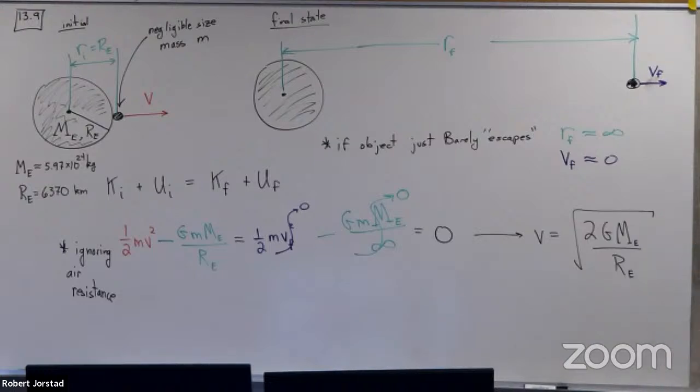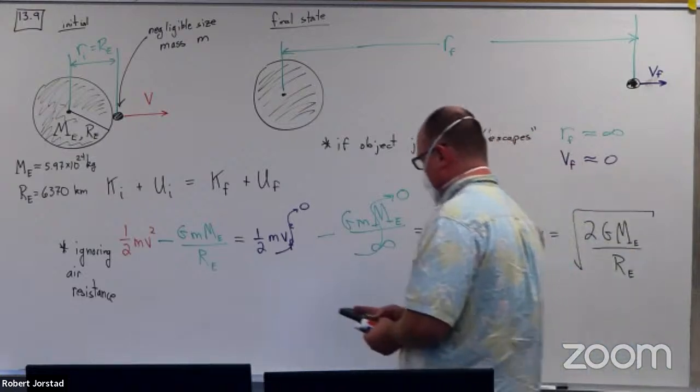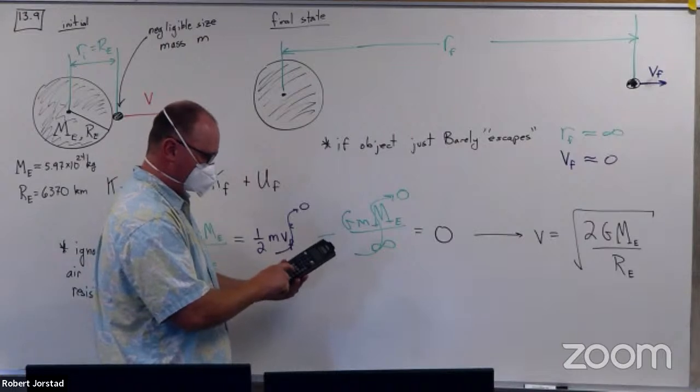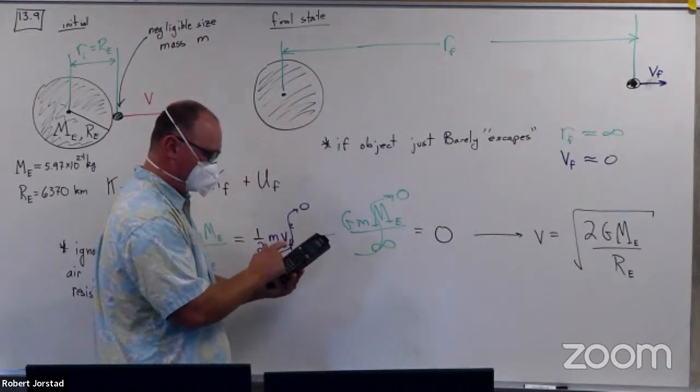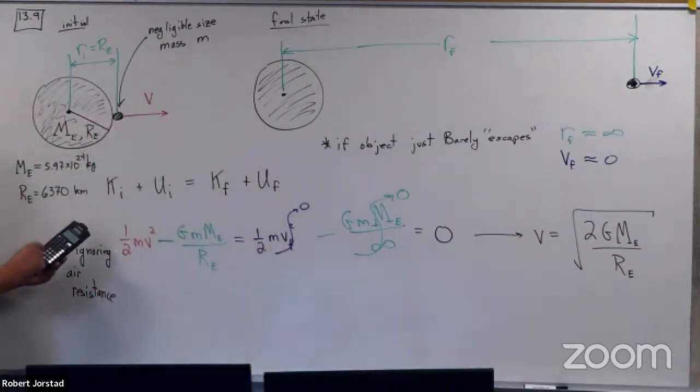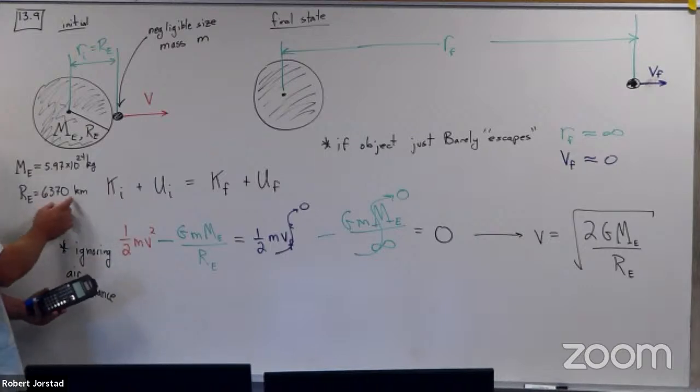Punching in the numbers. I got my calculator somewhere. Got it. Two times 6.67 EE negative 11 times 5.97 EE 24 divide by 6370 EE3, because the kilometer is an EE3, right?